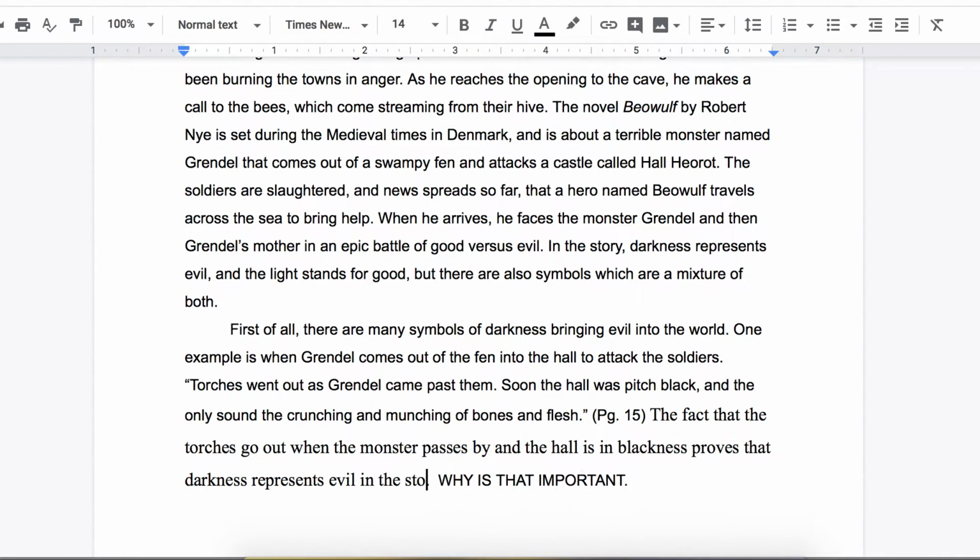In the story, or in the legend, or in Beowulf. You get the idea. And you want to use synonyms. So if you wanted to do a synonym for darkness represents evil, you could do that as well.